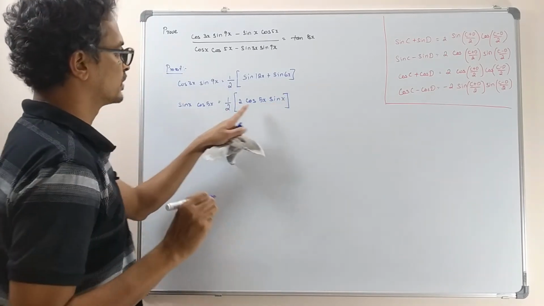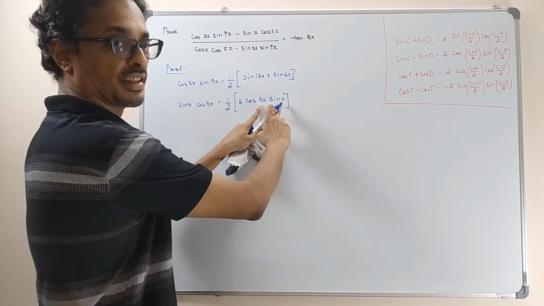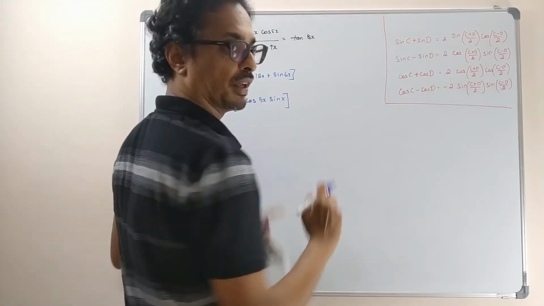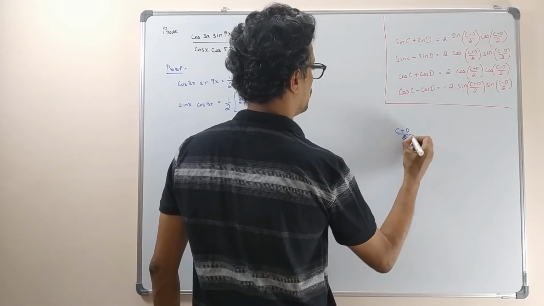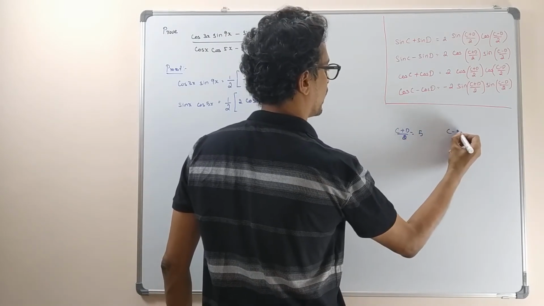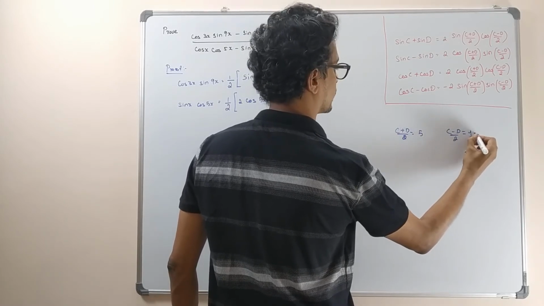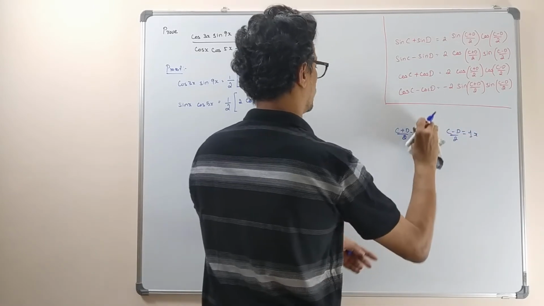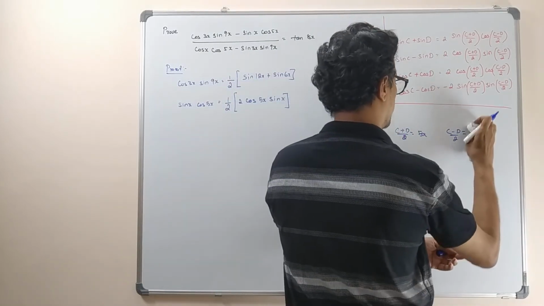So from here itself we can see cos of (c plus d) by 2, (c minus d) by 2. So there we have to use this formula, correct? So (c plus d) by 2 is equal to 5x, (c minus d) by 2 equal to x. This is 5x and this is x, correct?